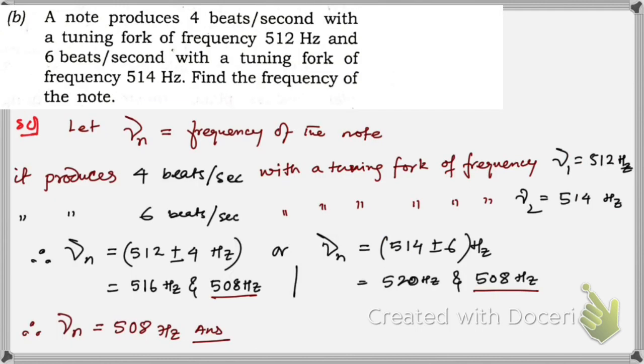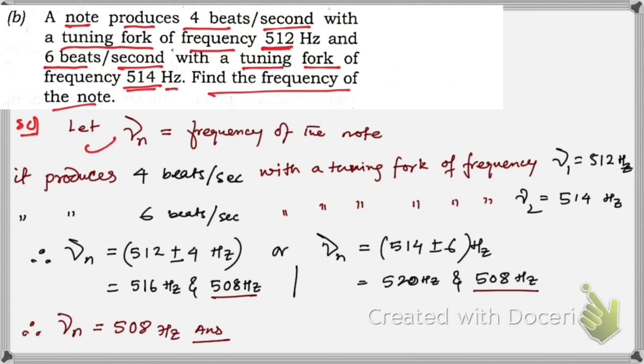Here a note produces 4 beats per second with a tuning fork of frequency 512 hertz, and 6 beats per second with another tuning fork of frequency 514 hertz. Find the frequency of the note.